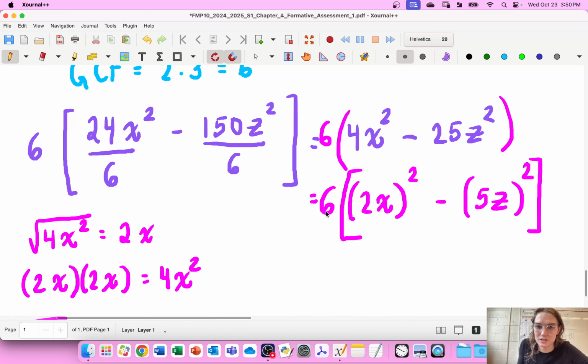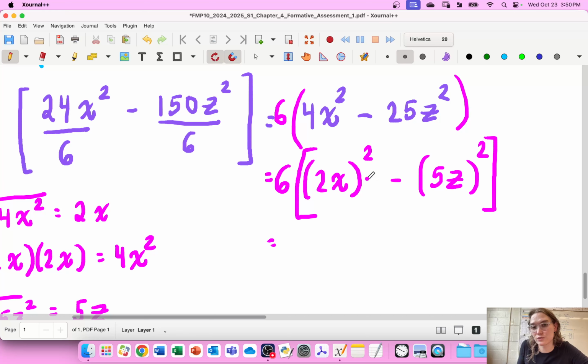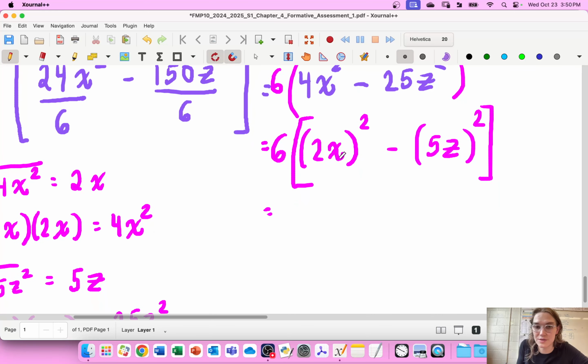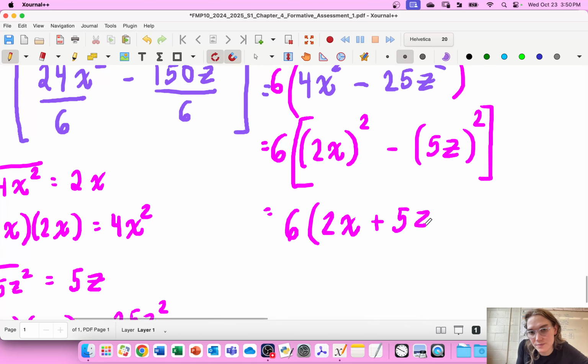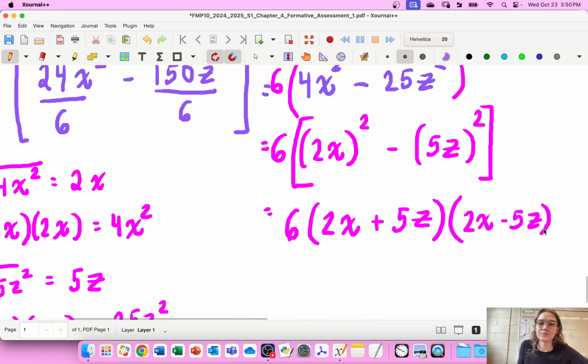I've got to keep that GCF out there still. Okay, and then by the difference of squares equation, this is my A, this is my B. That means 2x plus 5z times 2x minus 5z. And that's the end of that.